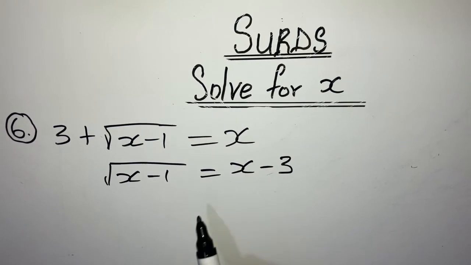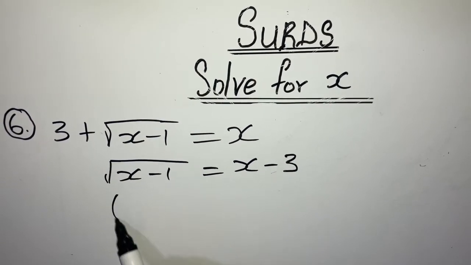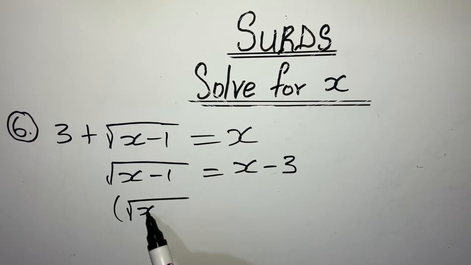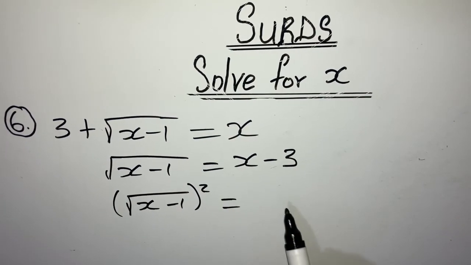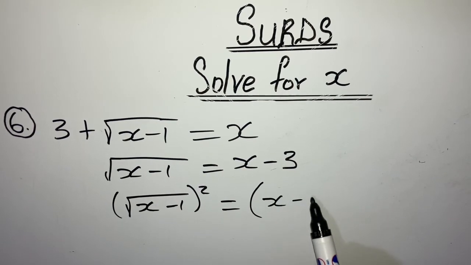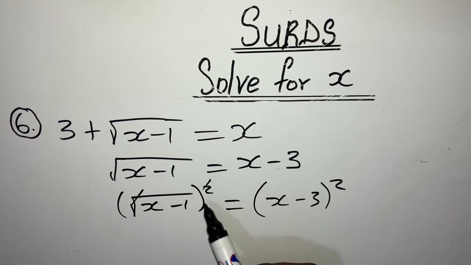Then from here, we'll have to remove the root by squaring. Squaring x minus 1 is equal to, what you do on the left you must do on the right, x minus 3 squared. These will cancel out.